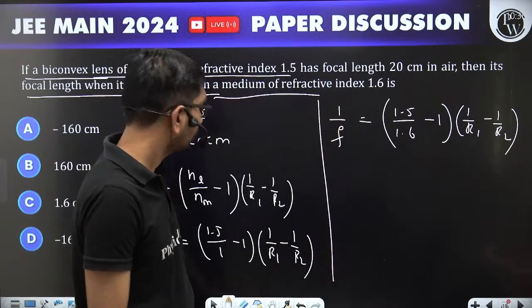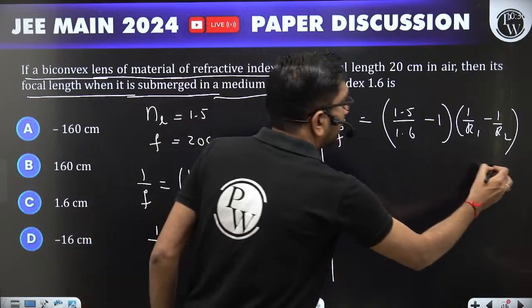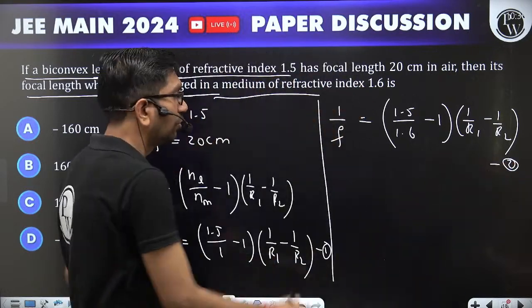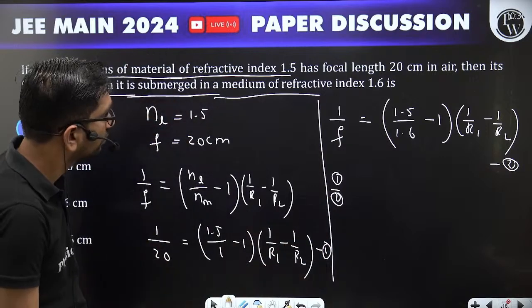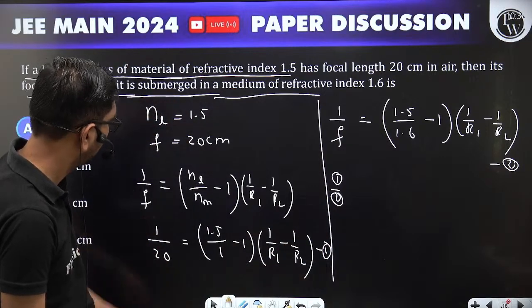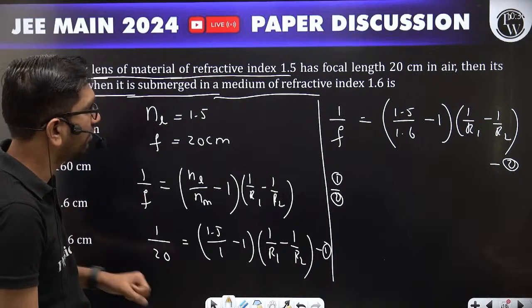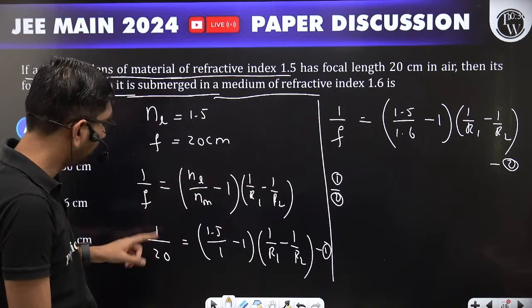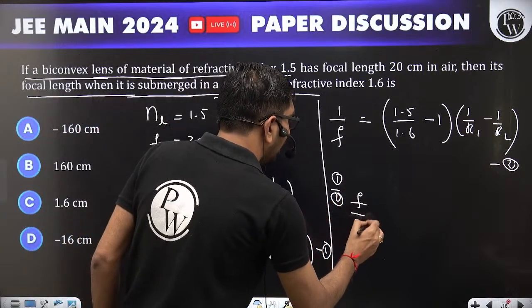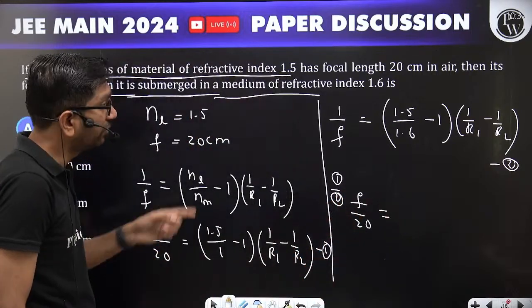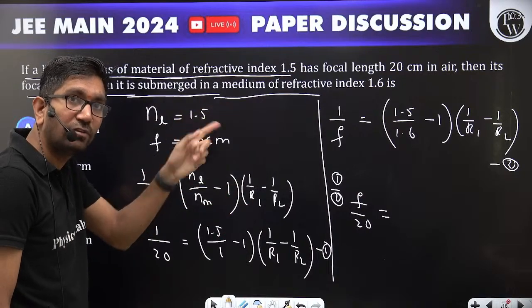Now let this be the first equation and this be the second equation. Doing 1 by 2, what do you get? 1 by 20, see here, this is the first equation and this is the second equation. Observe carefully: f by 20 you will get, that is 1 by 20 upon 1 by f, so f goes up and 20 goes down.